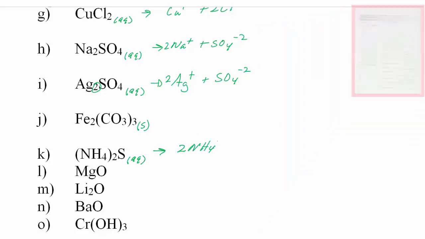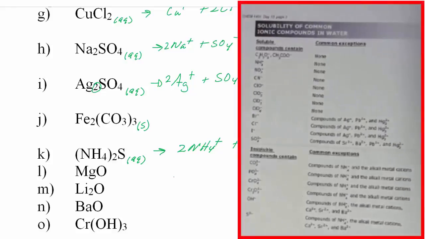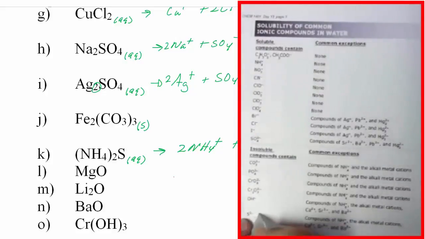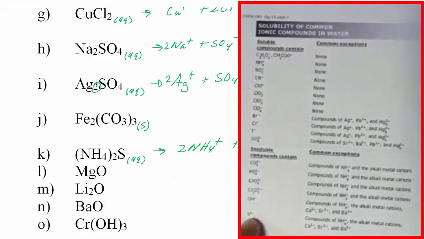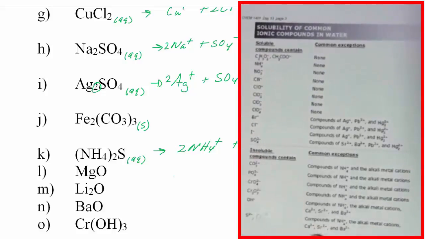So 2 ammonium ions and a sulfide anion. Magnesium oxide. That should be listed right here. And it's missing. So they're insoluble, and magnesium is not an exception, so that's going to stay as a solid.